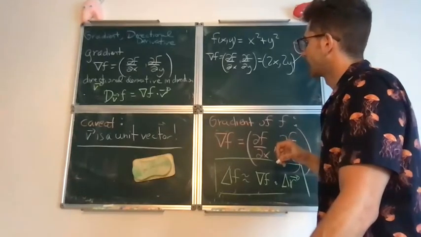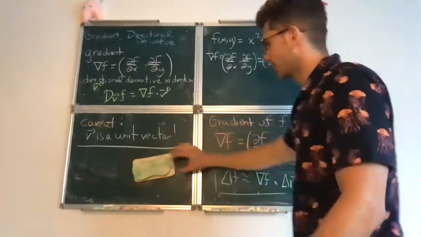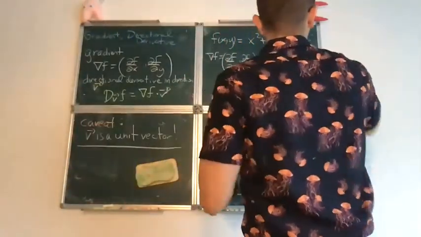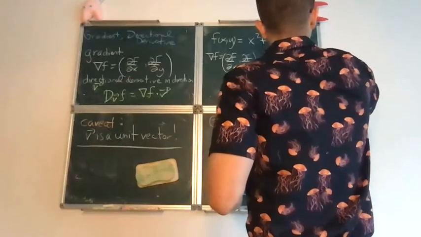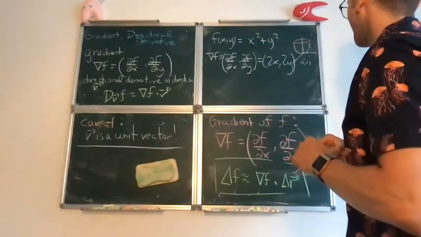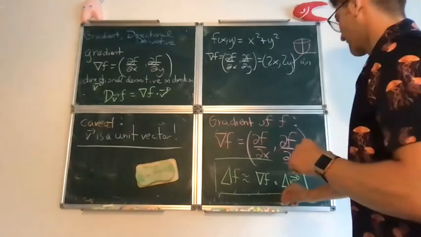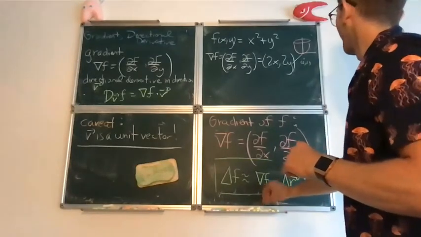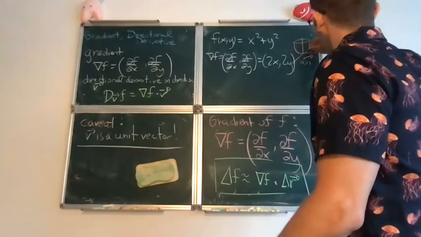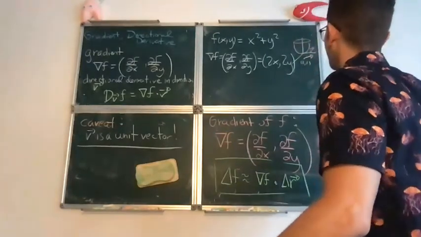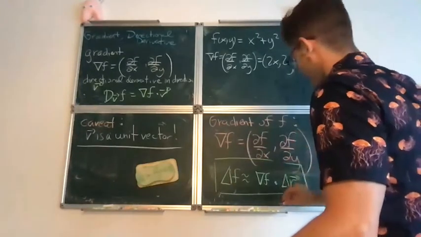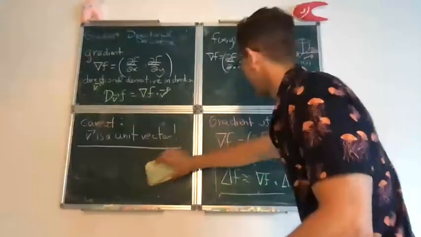And then say that we are here at the point (1, 1). And we want to find the directional derivative in the direction, say, v, let's say (2, 1).